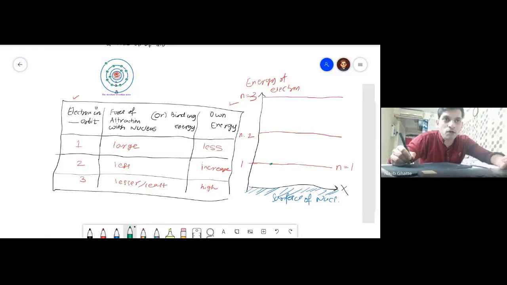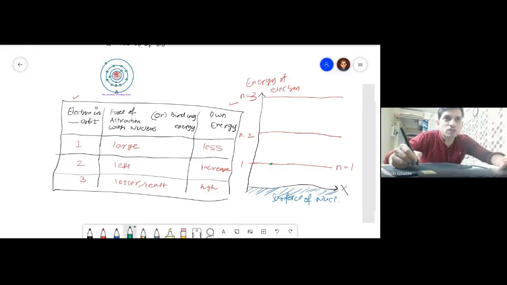No. Why? Because an electron in the first orbit has very less energy, and the attraction is very high. When the attraction is very high, I need to provide more and more energy to it so that it can move. So it won't be possible for me to get an electron from the first orbit to get dislodged and start moving as per my will and wish.